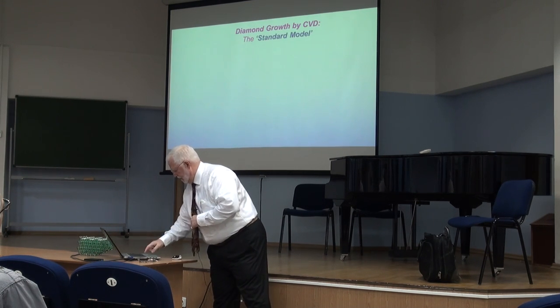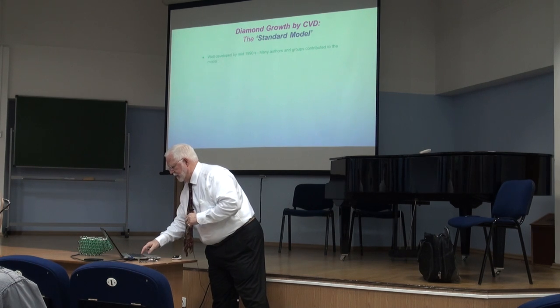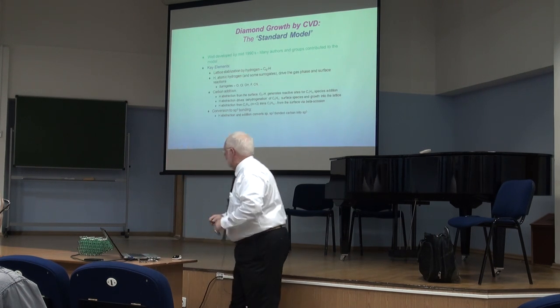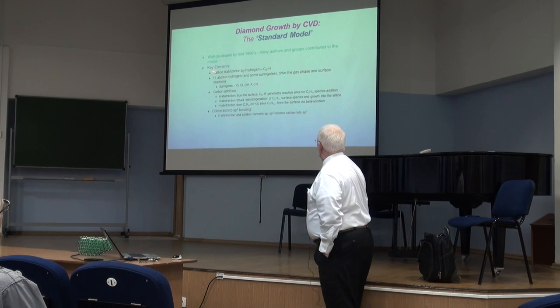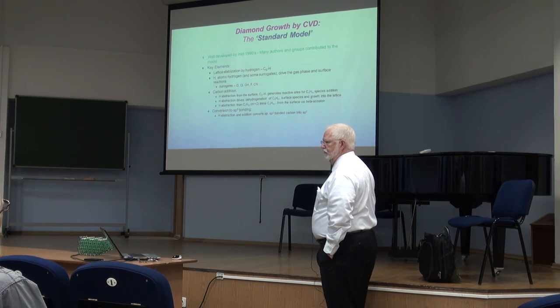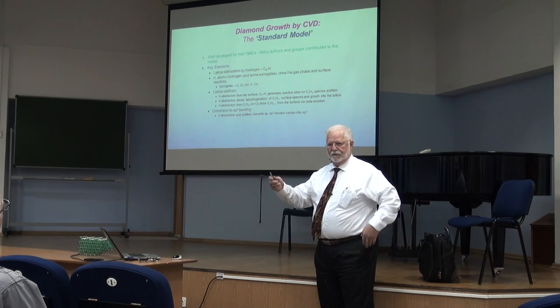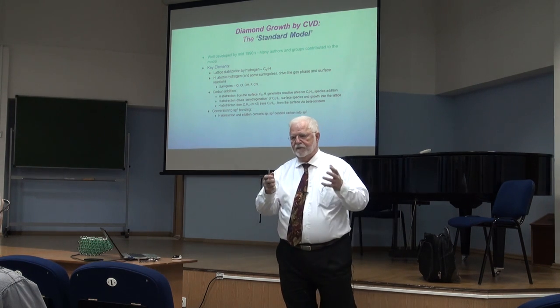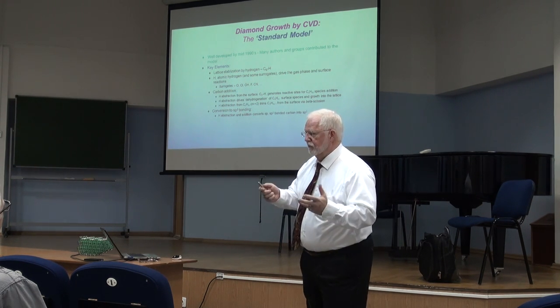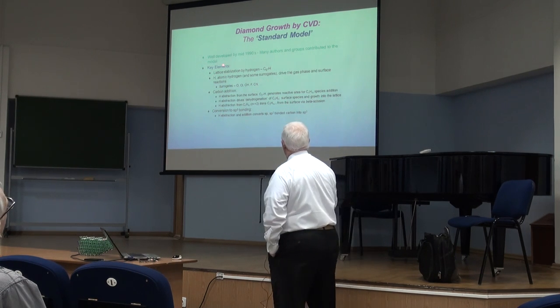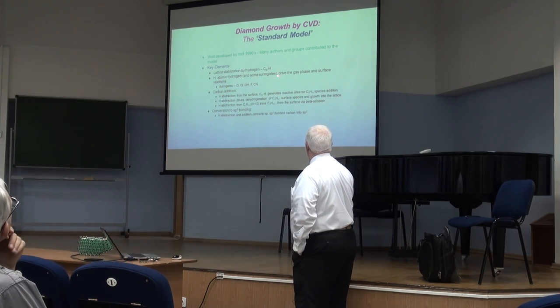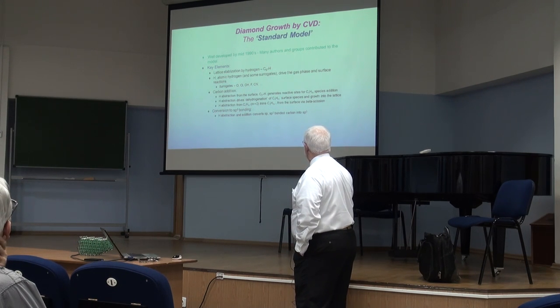So this has given rise to what I call the standard model of diamond growth. It's been developed over many years. The key elements are that the lattice is stabilized by these atomic hydrogen CH bonds. That's why it's stable relative to graphite, and we don't form graphite. The second is that atomic hydrogen drives the gas phase chemistry and the surface reactions, as I just tried to explain. Carbon addition occurs by the methyl radical or whatever attaching to the surface.